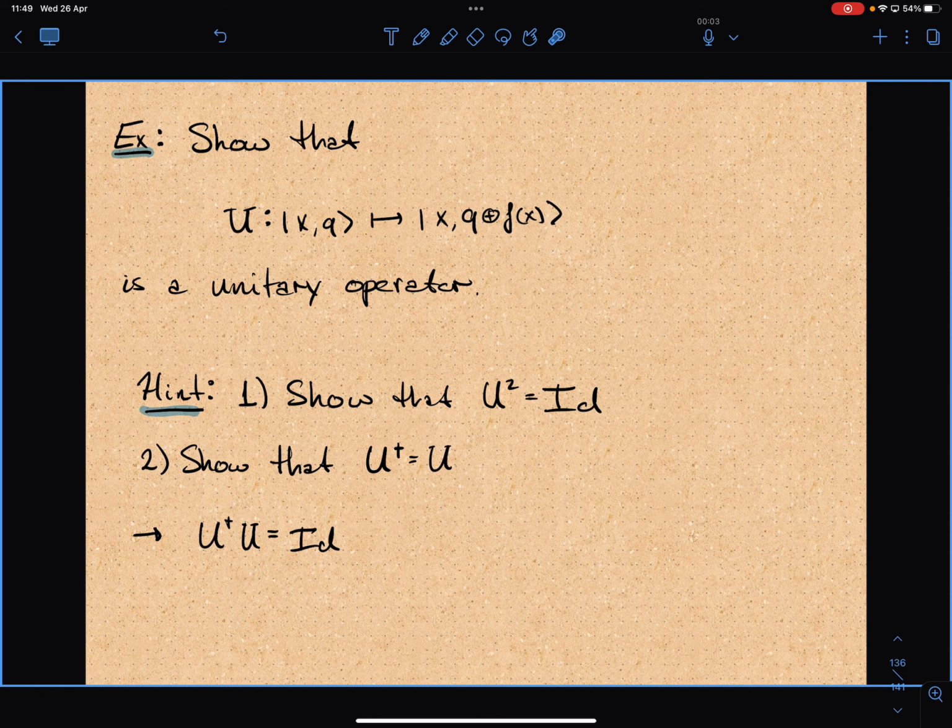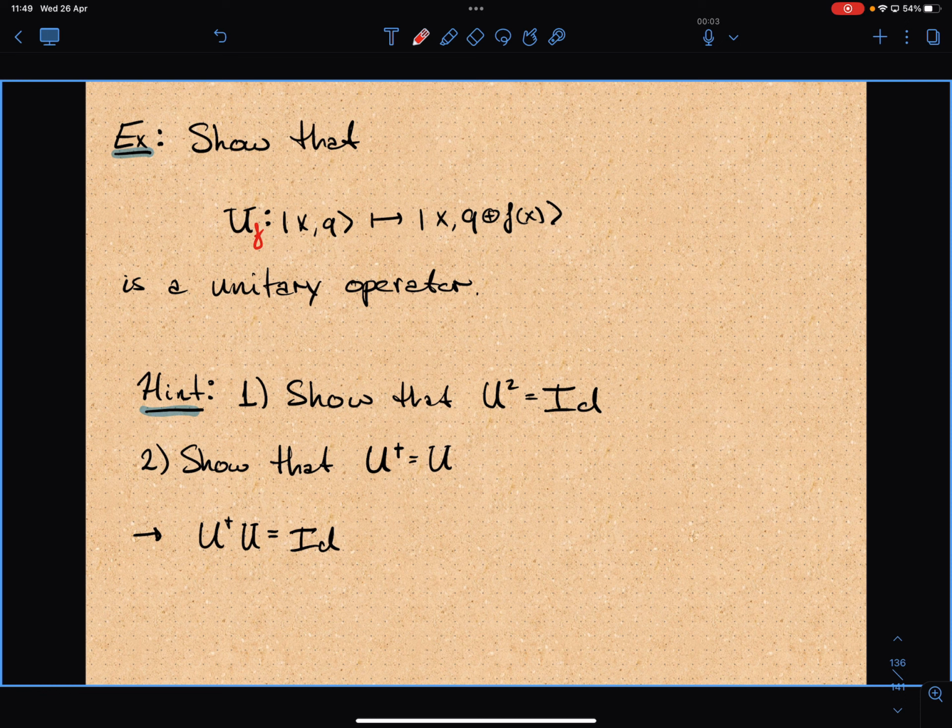One thing that I brushed over and needs to be shown is that this operator U of f is actually a unitary operator, because our quantum states evolve according to unitary operators, and each of the gates has to be a unitary operator.